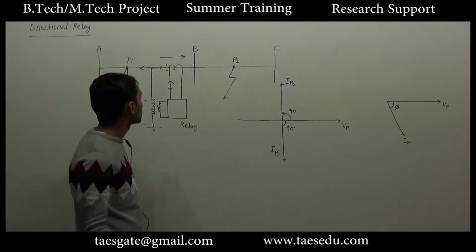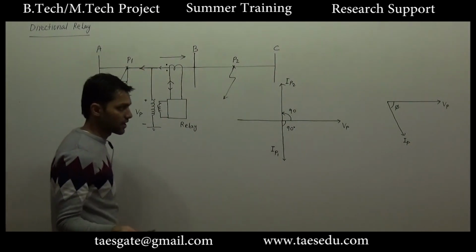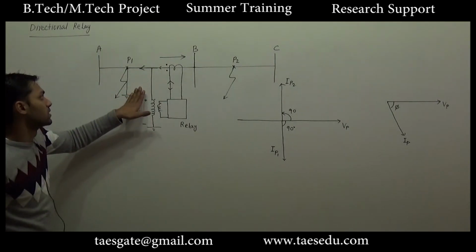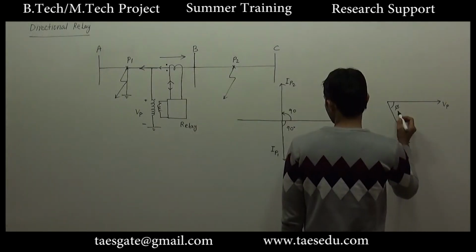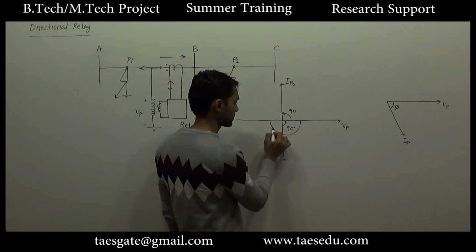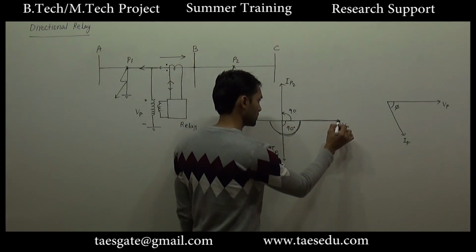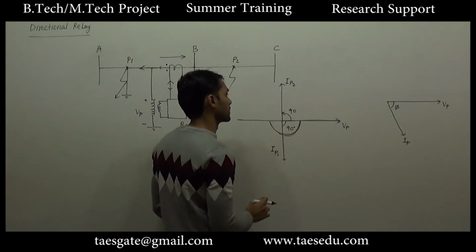Anyway, this direction of fault current is lagging, so it will be treated as the fault in one direction. This is the region of lagging current, where the current is lagging the reference voltage, and this is the region of leading current.